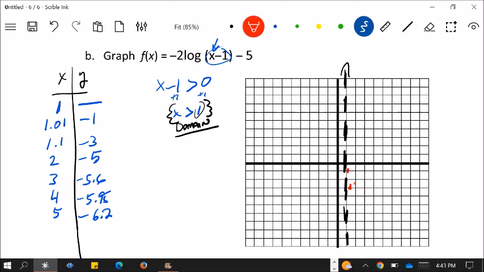So let me put these points a little better here. 1.1 is at negative 3, 2 is at negative 5, 3 is at negative 5.6, 4 is at negative 5.95, 5 is actually beyond it at negative 6.2.